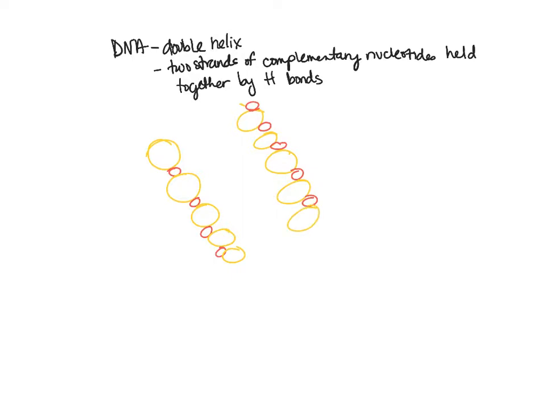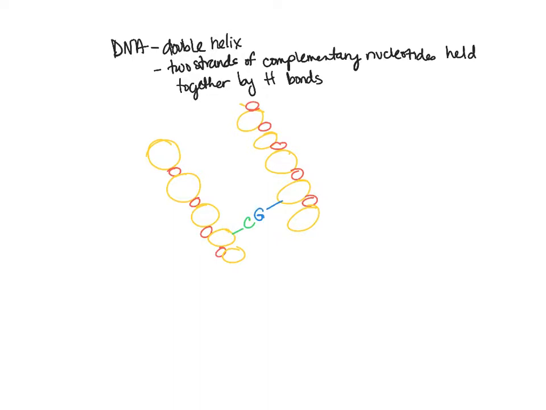If we want to remember what this looks like specifically, we can go back to our structure of DNA and RNA in our biological molecules section. And then remember, sticking out in the middle here is something like our cytosine and our guanine.